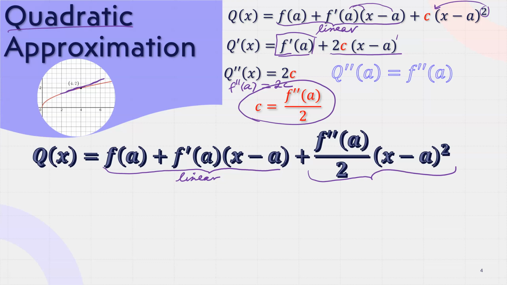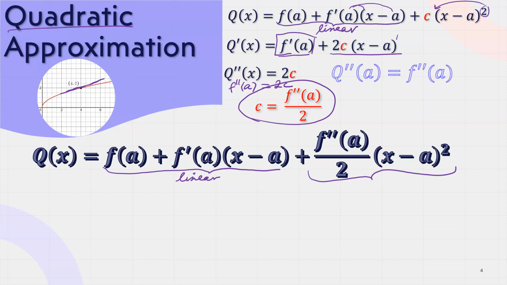It depends how close of an approximation we want to have, and it depends on the curvature of the function. So for the square root of x, I think linear approximation would be pretty good, but if we want a closer approximation, we might want a quadratic.